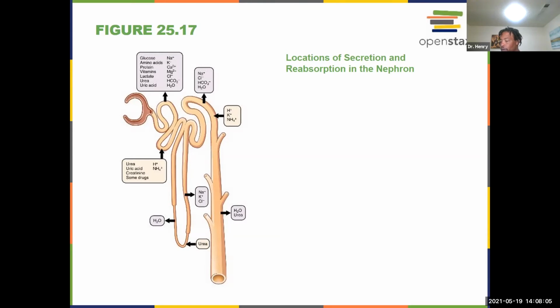You're going to get reabsorption of your glucose, amino acids, proteins, vitamins, lactate, urea, uric acid, your sodium ion, potassium ion, calcium ion, magnesium ion, chloride ion, bicarbonate ion, and water.